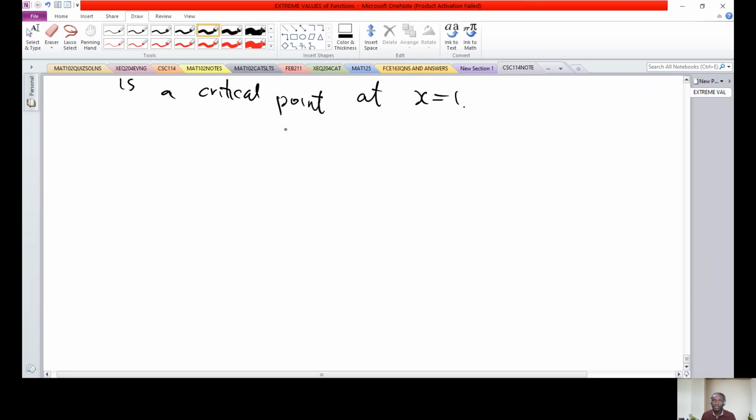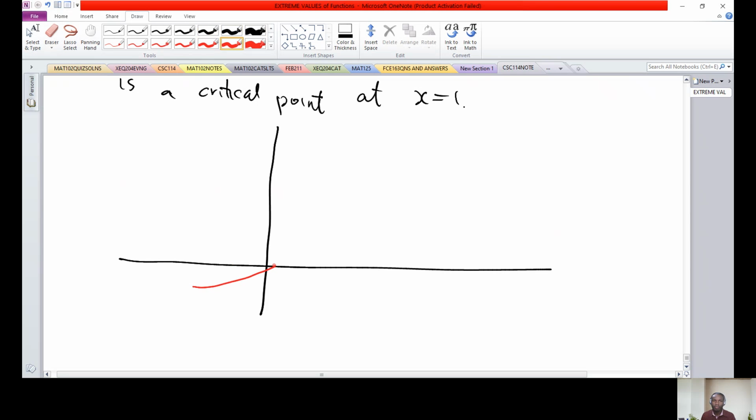So this is how the graph of that function looks like. This one is -1.